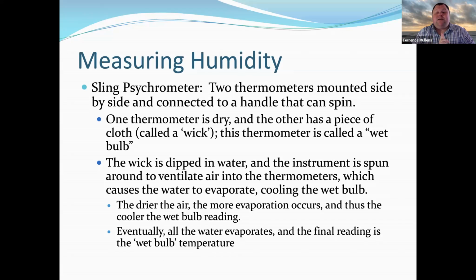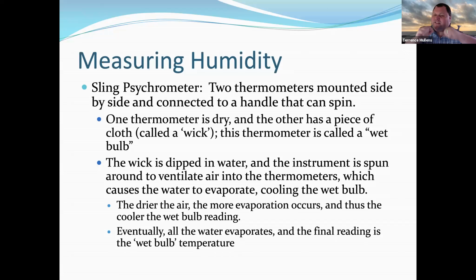An instrument called a Sling Psychrometer. A Sling Psychrometer kind of looks like a pair of thermometers that are attached together. One of the thermometers has a little cloth on it called a wick. The other one doesn't. The one with the cloth on it is what we call the wet bulb. What we actually do is we take that wet bulb, we dip it in water, we pull it out.